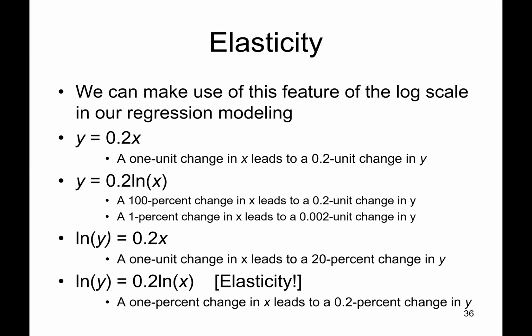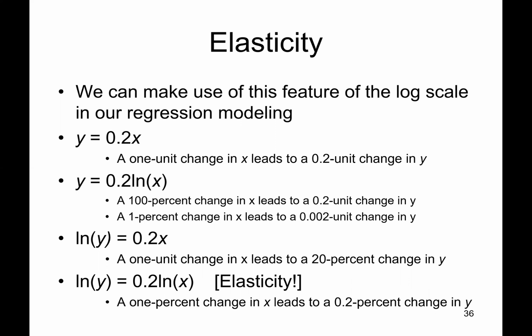If this were our model, and if we got a 0.2 by regressing natural log of x on y, what that would tell us is that a 100% change in x leads to a 0.2 unit change in y. So when you're dealing with logs, you're talking about percentages. Otherwise, you're talking about units.